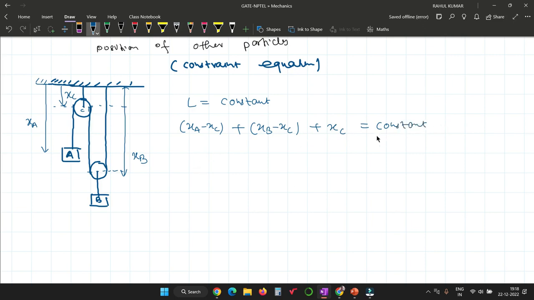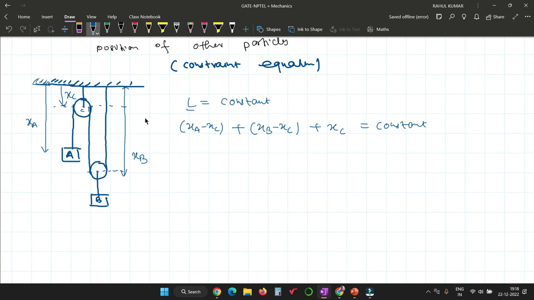Is there any problem in writing this? Because I want to write the length of this whole string. Here I am assuming that the position of block A from the reference line is XA, the position of this pulley from the reference line is XC, and similarly the position of this pulley from the reference line is XB.